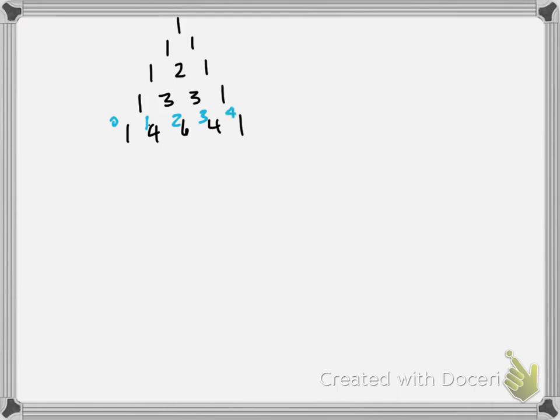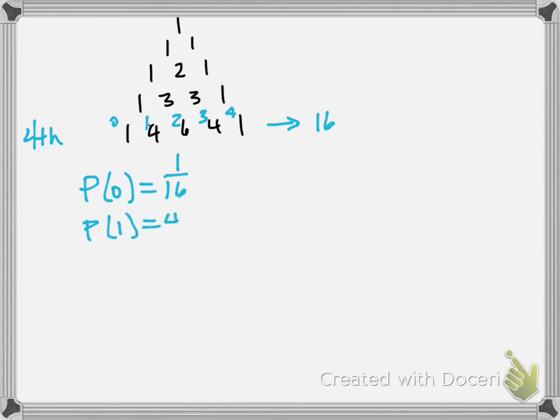So we can already count for our probability. So this is our 4th time. Our total number, if we add it across, would be 16. So we say, okay, well, our probability of knocking 0 down is 1 out of 16. Our probability of knocking 1 down, we just read it off the thing, is 4 out of 16. So that's 1/4, right?